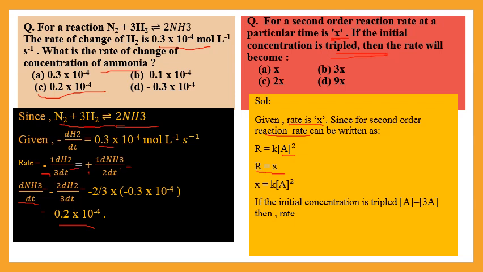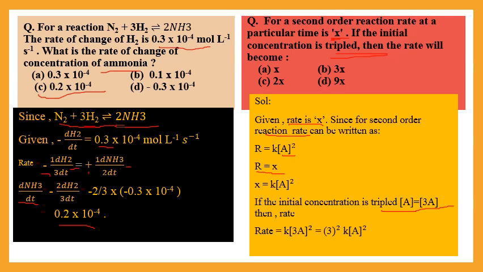In the second part of the question, if the initial concentration gets tripled, the concentration of A becomes 3A, so the final concentration is 3 times the initial concentration. Now the rate will be K (3A) squared because it is a second order reaction.